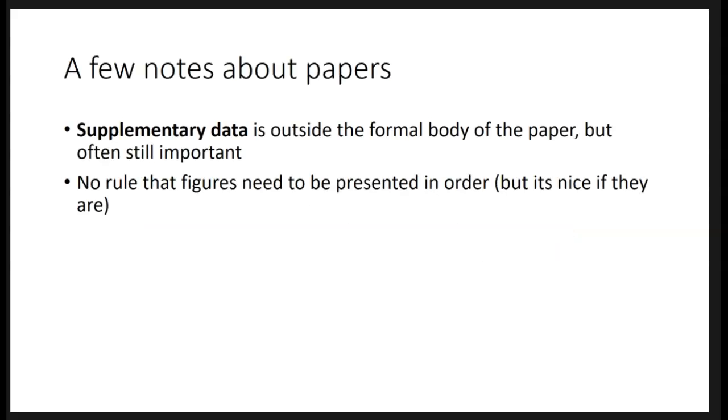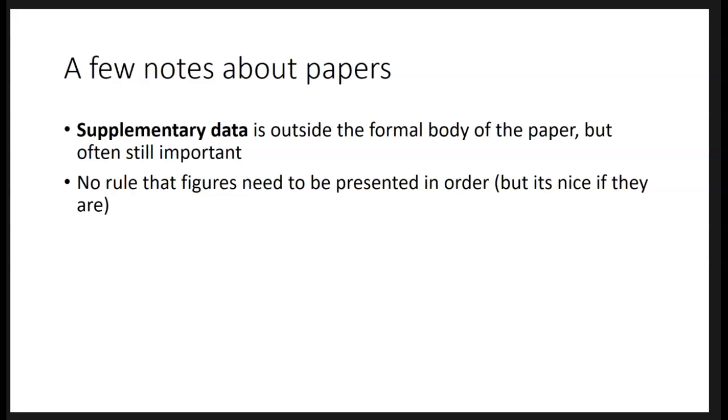So supplementary data is data that is presented outside the formal body of a paper. As scientific journals have moved to publish more of their work online, they have increasingly moved a lot of the actual data in a paper to these supplementary data, and that is available exclusively online, and that lets them save money on printing paper.